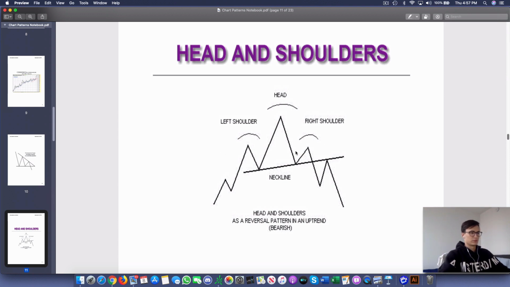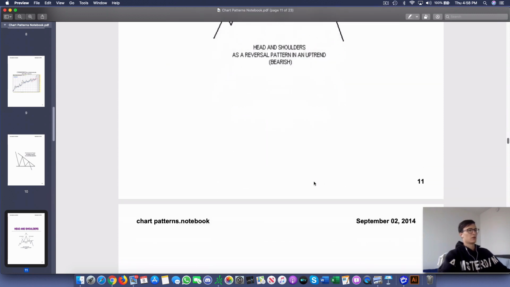They could be at different levels, but in the general area is what you want to identify. Necklines don't need to be completely horizontal. They can have an angle to them, as we can see here, and then it breaks below the neckline and then comes back up to retest that previous support, which now becomes resistance, and continues downward.